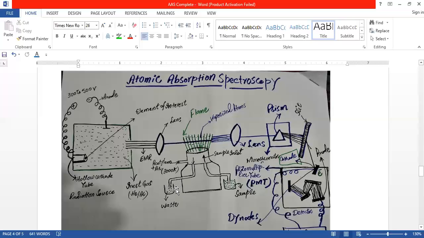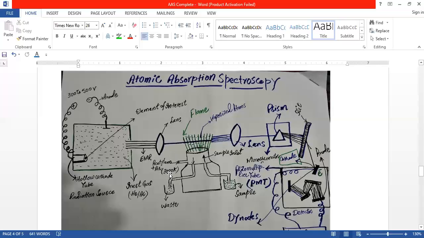This is waste material. For generation of flame, we are using acetylene in combination with air, which will generate a temperature of about 3000 Kelvin.